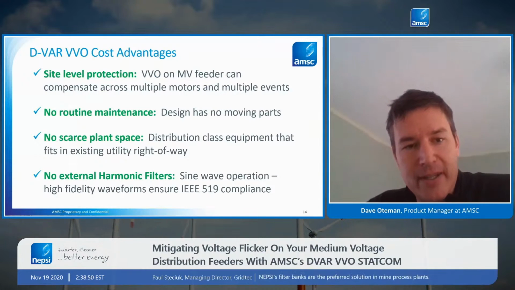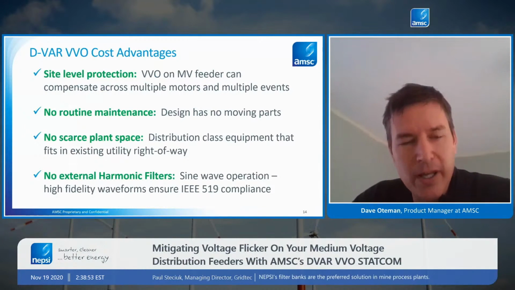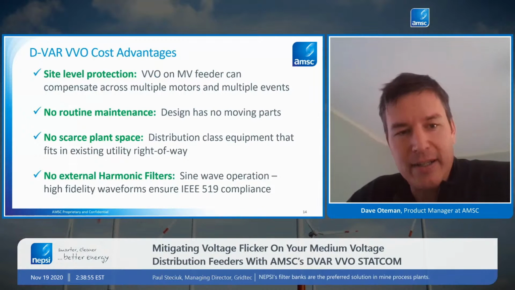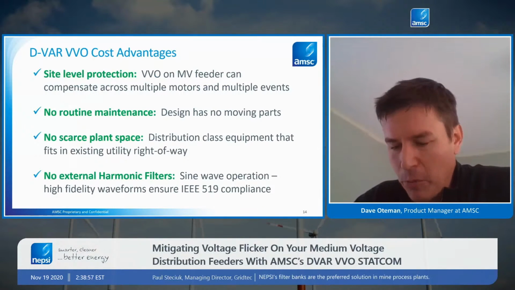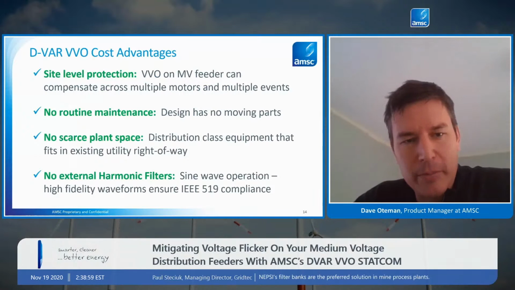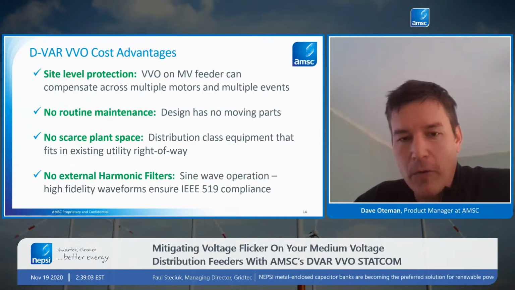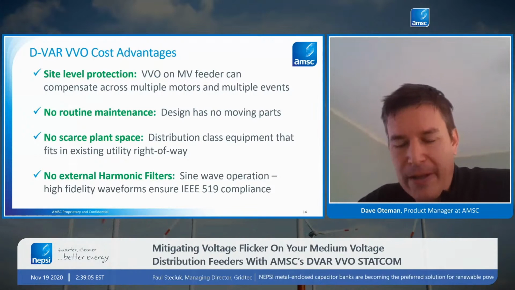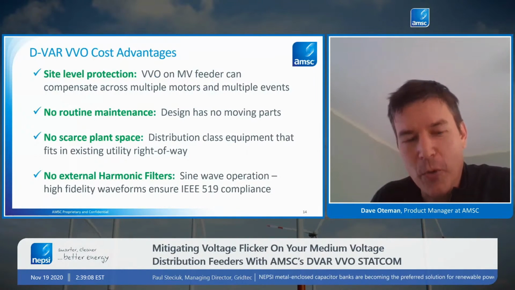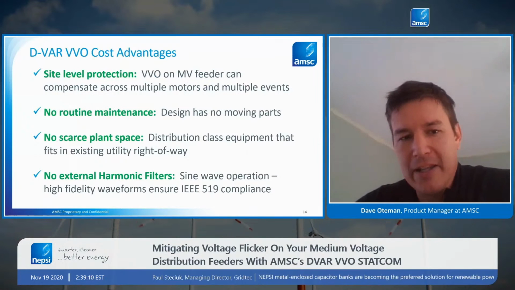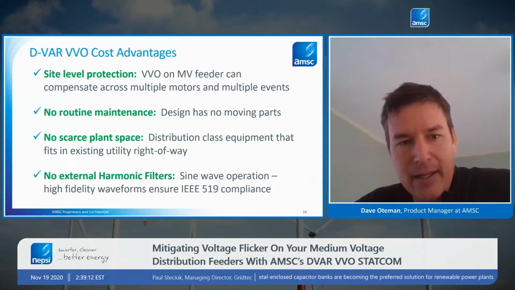The other thing is the installations that we showed. The technology is designed with absolutely no moving parts. So it's 100% solid state technology. So there are no fans, there's no pumps. Really anything that's known to wear out due to mechanical wear has been taken out of the design, which allows for no routine maintenance.